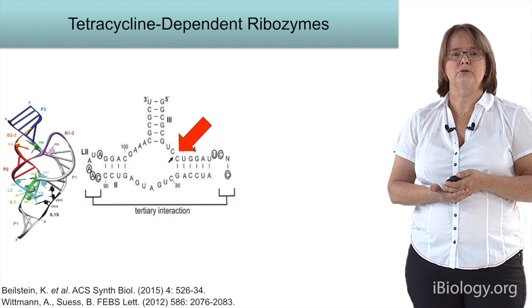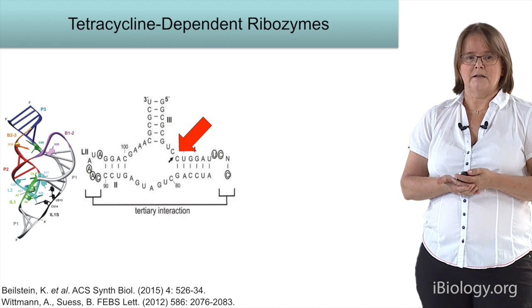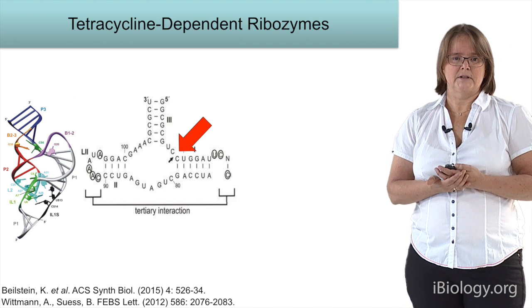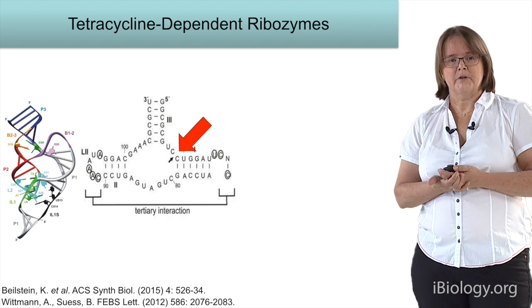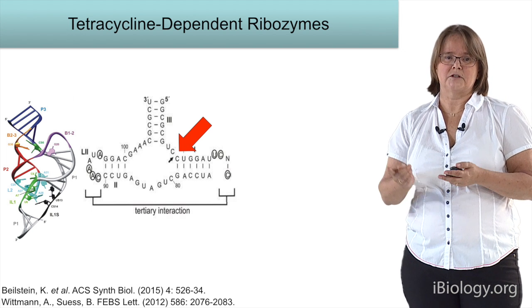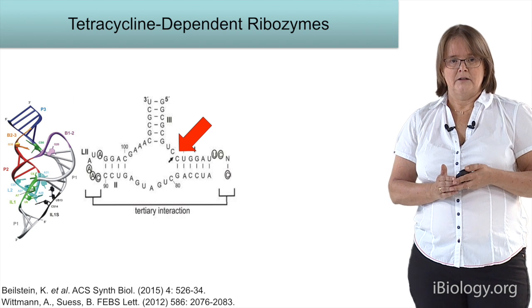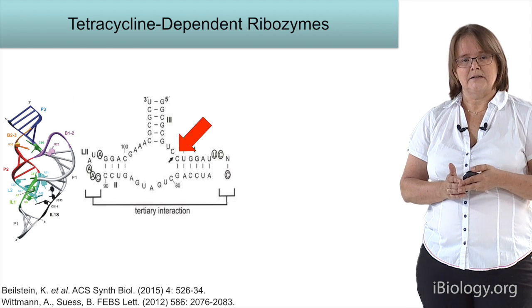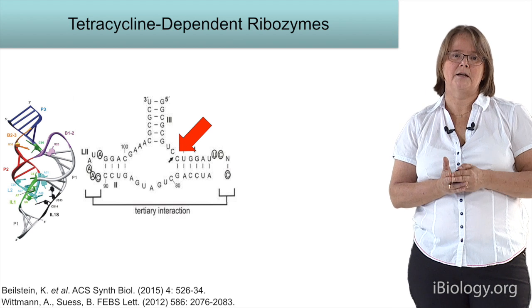Here, I want to show you our construct. This is the secondary structure and the tertiary structure on the left of the hammerhead ribozyme. Only if the ribozyme folds into the structure you can see on the left side, then it cleaves itself exactly on the position which is marked by the red arrow.